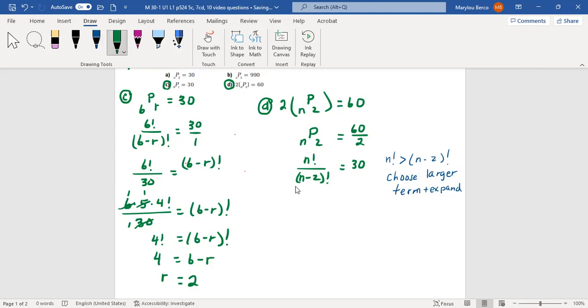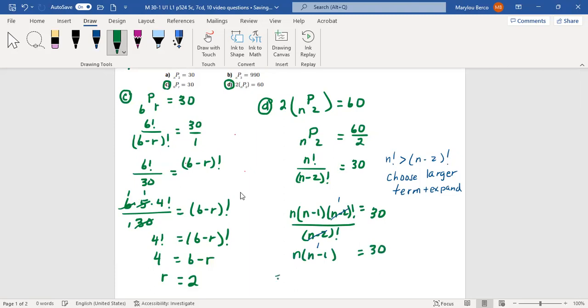So what I have here is n by n minus 1 by n minus 2 factorial over n minus 2 factorial equals 30. Well, the beauty of that is n minus 2 factorial over n minus 2 factorial will cancel out. And now I have n by n minus 1 equals 30.